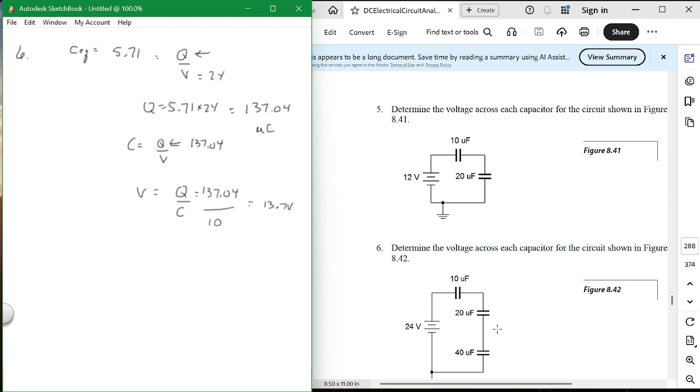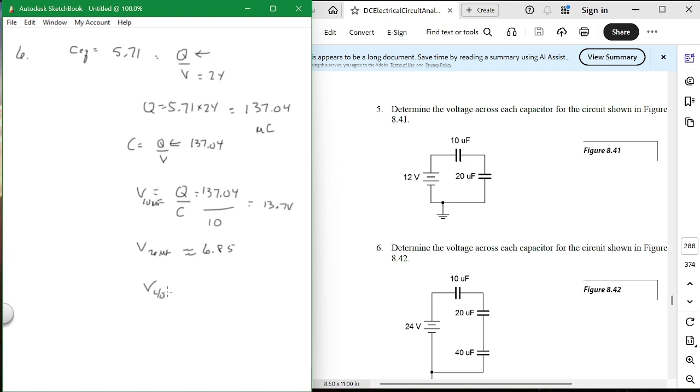What about this one right here? It's about half of that, maybe about 6.8. V across the 10 microfarad is about 13.7. Voltage across the 20 microfarad would be about 6.85.